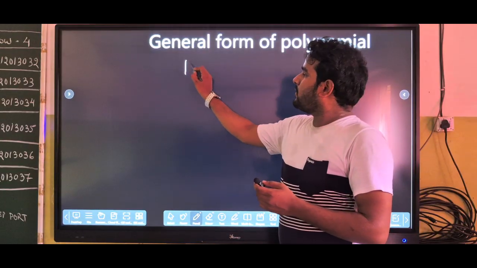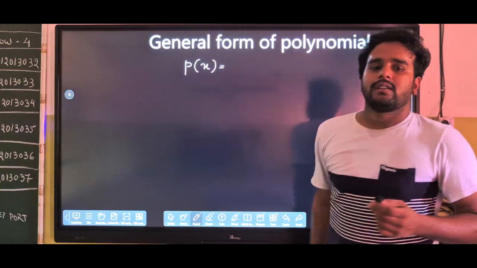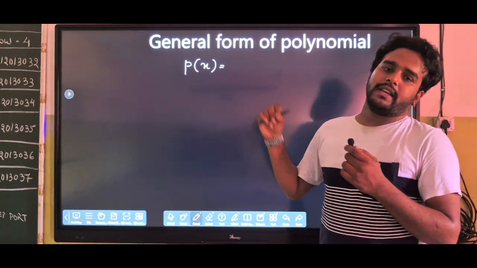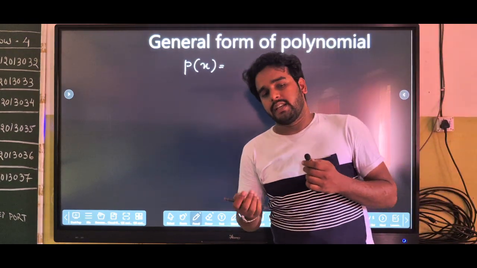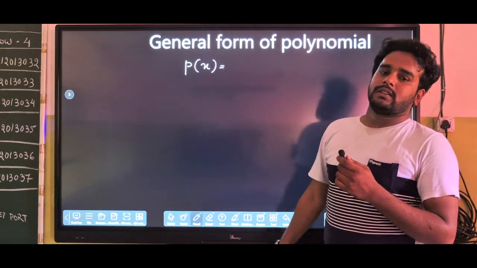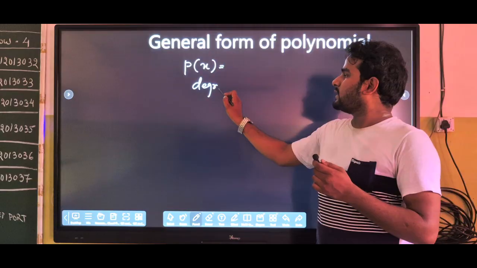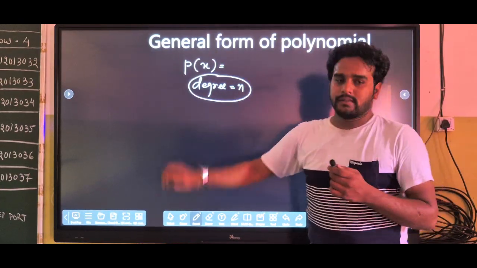A polynomial of variable x is written in this form, that is p(x). अगर वेरिएबल y हो जाएगा तो p(y), z हो जाएगा तो p(z), m होगा तो p(m). Okay, polynomial of variable x and it has degree कितना? n. I don't know what is n.